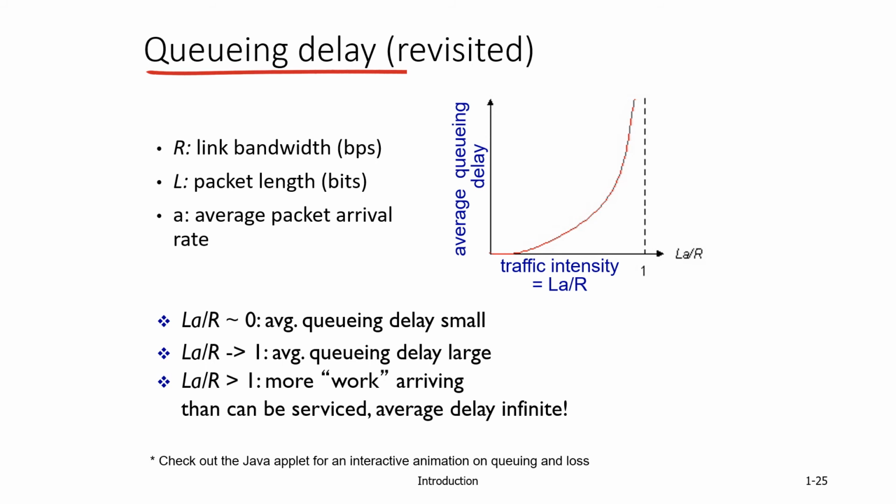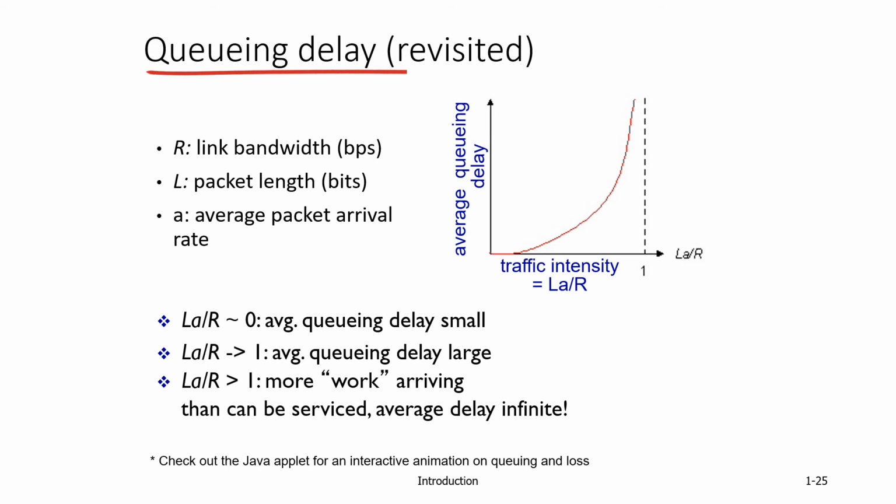This is your queuing delay, a very brief graph. R is the link bandwidth in bits per second, L is the packet length in bits, A is the average packet arrival rate. Now, if you have a function such as LA divided by R, if it approaches 0, it basically means that your packet arrival rate is small compared to your transmission rate.